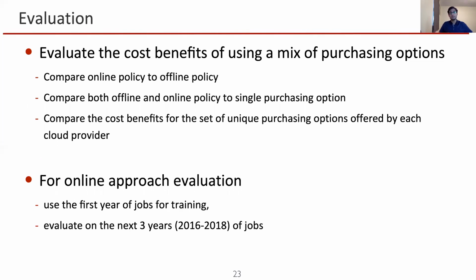And we also compare cost benefits among different cloud providers, as each cloud provider offers some unique offerings and we want to measure how much benefit they bring to the table. In the case of the online approach, we use the first year, 2015, as training, and we use the next 3 years, 2016 to 2018, for testing or evaluation purposes.